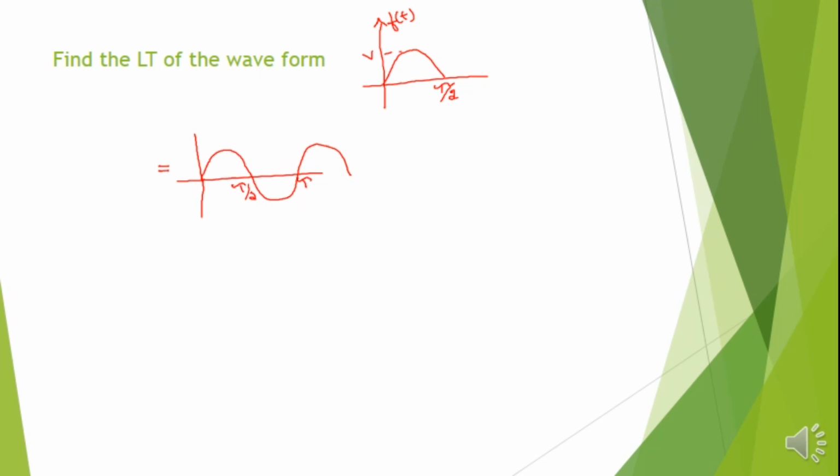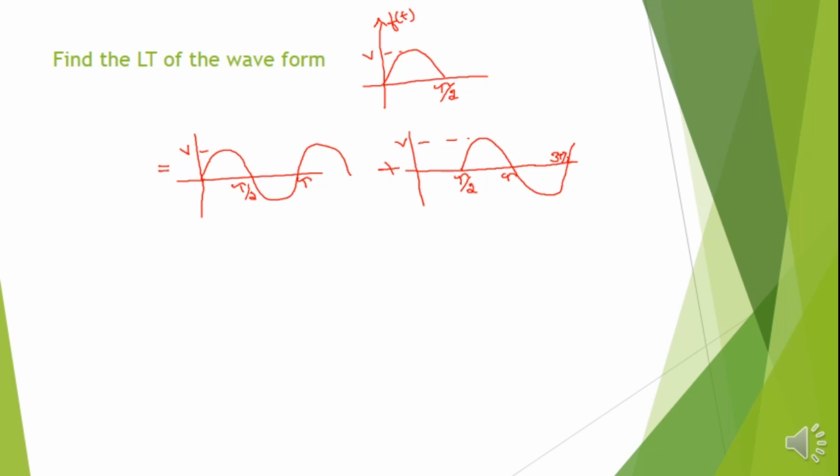A sine wave with magnitude V and period tau, plus to this I will add another sine wave of magnitude V but starting from t equal to tau by 2. So same signal but a shifted version.